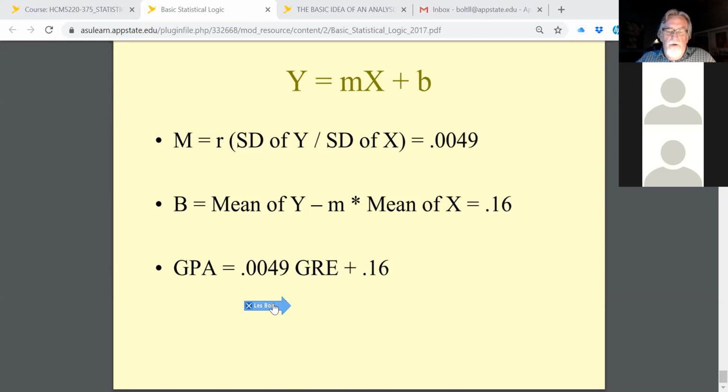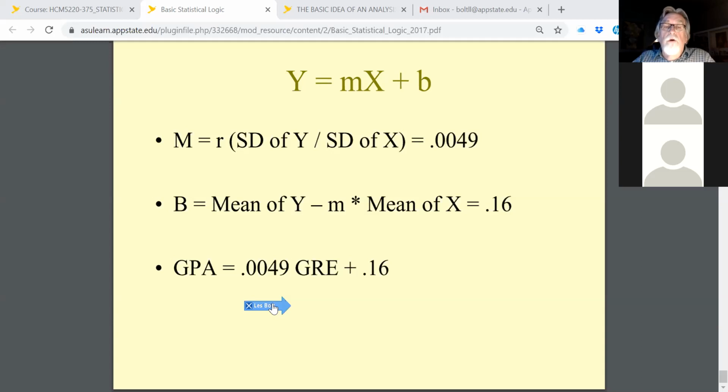And so 500 times 0.0049 equals 2.45, plus 0.16, and that would give me a value of 2.61.